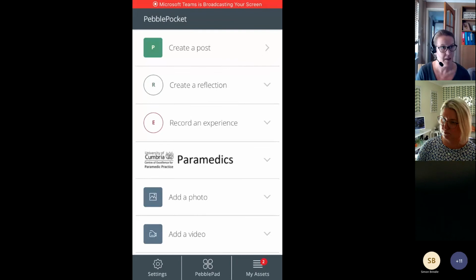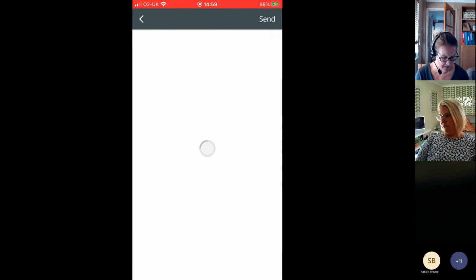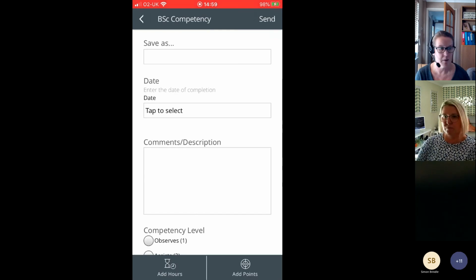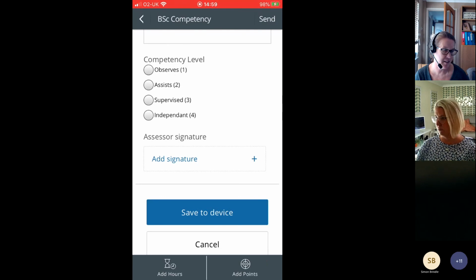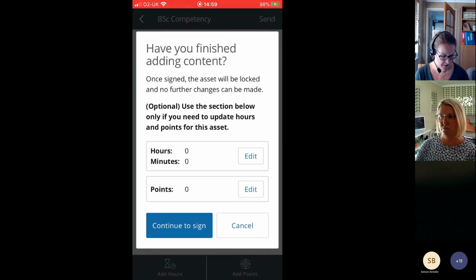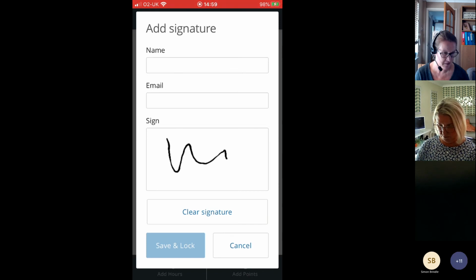What would normally happen is the student would be on the road, they do a job, and at the end of that job, they would go into the BSc competency and do that quick write-up like I've just said. Then as the clinician working, you would add your signature there, and it would be saved to the device. You click on that, and then continue to sign. You would add your name, email, and signature.